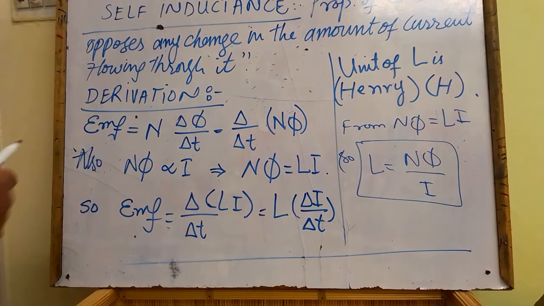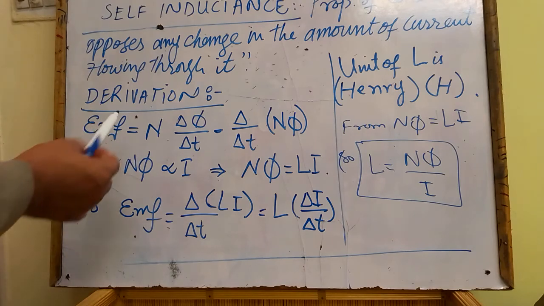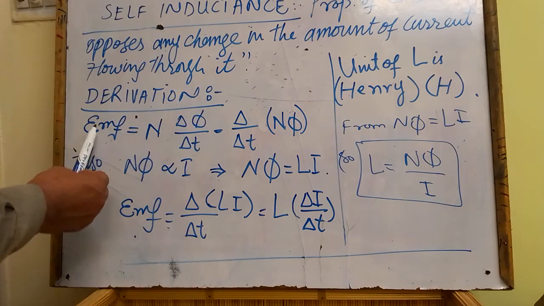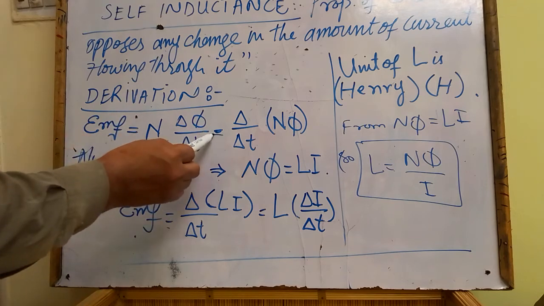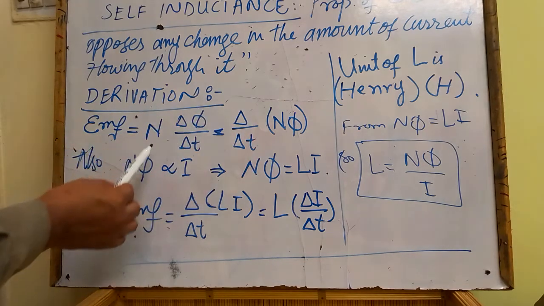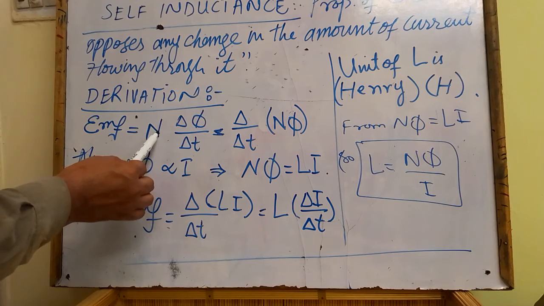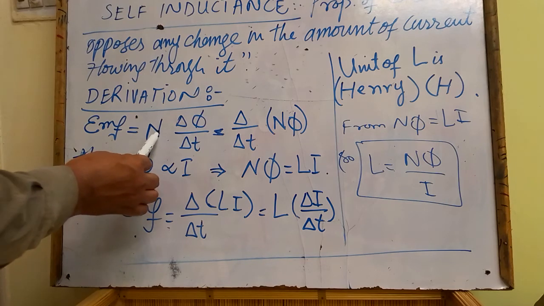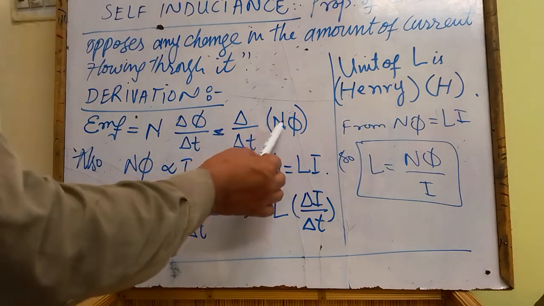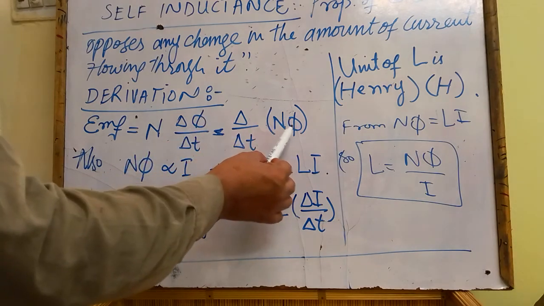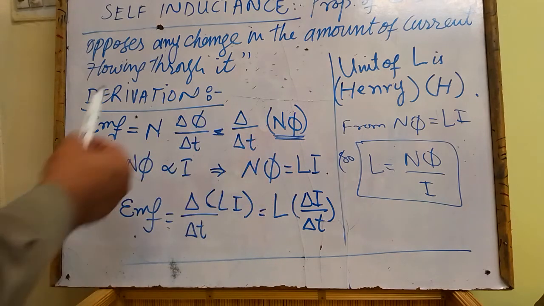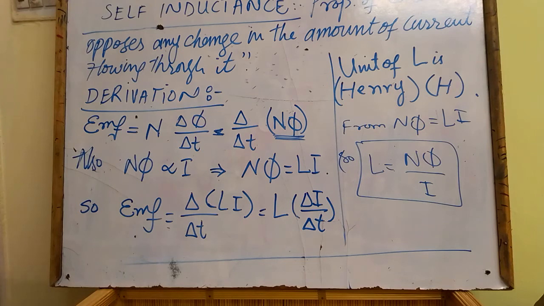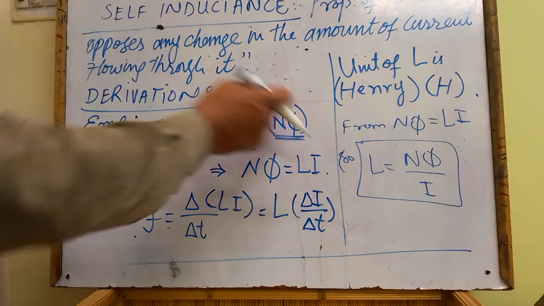From Faraday's law, EMF is equal to N delta phi divided by delta t, and we can write N, which is a constant value, inside the brackets with the flux phi. This is called flux linkage. Flux linkage is basically the total flux passing through the coil having N number of turns.